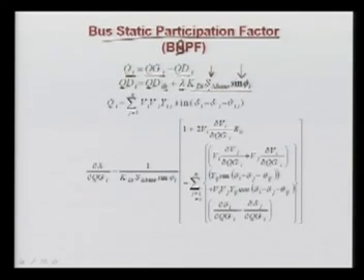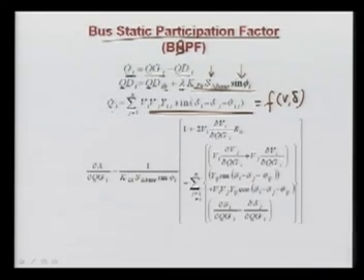So this is a factor KDi we are adding, and Qi is a function of the voltage and delta. Now if you simplify this, putting QDi and Qi here, you get lambda as a function as well.